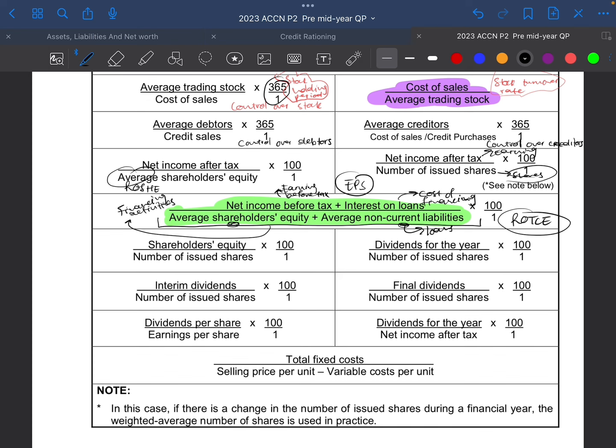Like, did we make a profit? Did we utilize them? Like, I'm taking a loan, and in obtaining this loan, my aim is to make profit. So how would I measure my return? I would measure my return by using the return on total capital employed. So this is your capital employed. My total capital employed is what's underneath the formula.